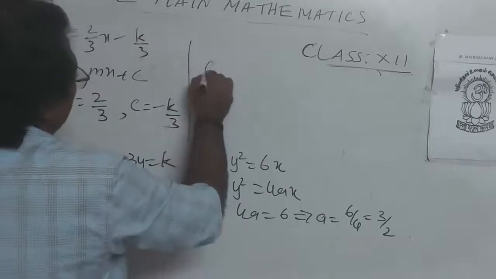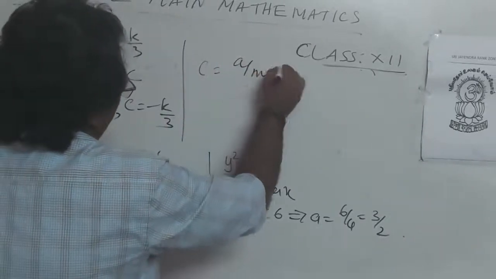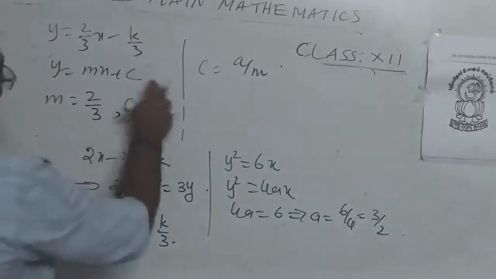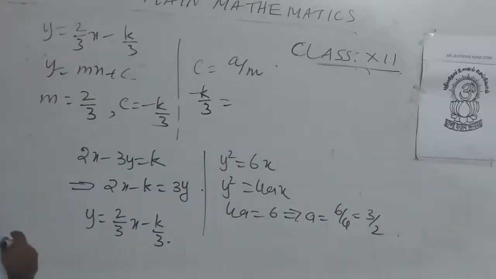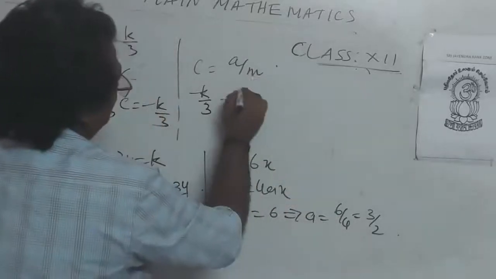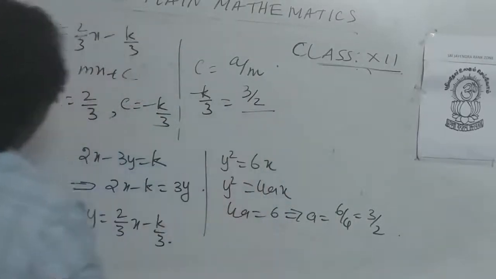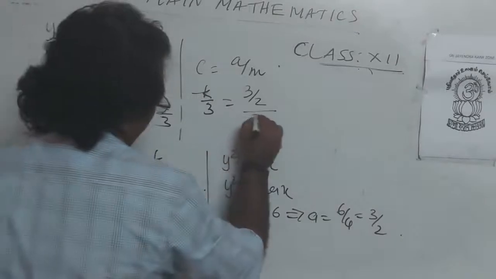The required condition is c equal to a by m. In place of c, you can write minus k by 3, a is 3 by 2, m is 2 by 3.